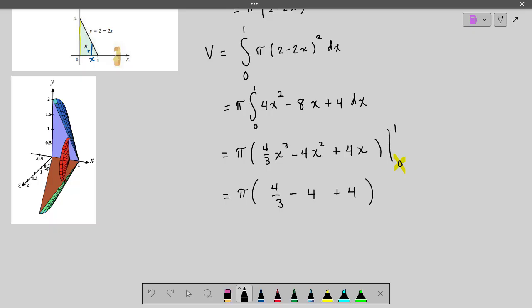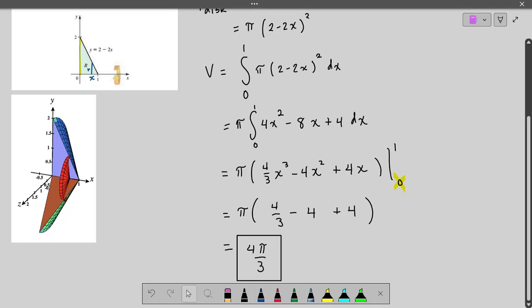So our final answer, the volume will be 4 pi divided by 3. That will be the volume of that cone. Any questions or points in that you're curious about, not clear on?